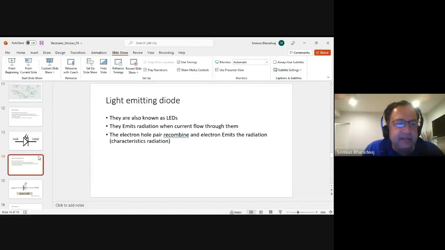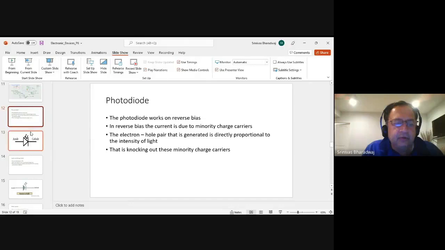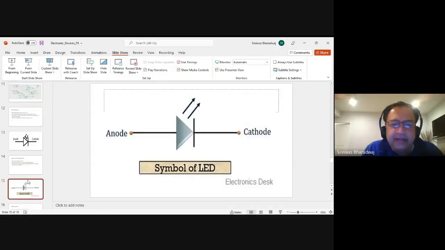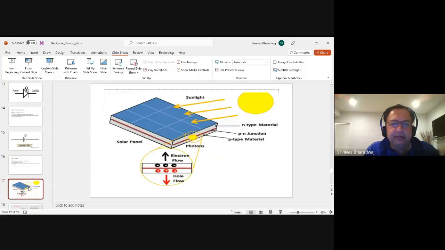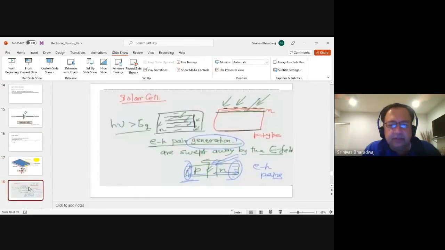Okay, so LED is the reverse of this photodiode. The LED emits light when you apply a voltage to it. And then we will discuss, of course, the solar panel. Solar panel also has the PN junction in some ways. Okay, so we will discuss all this.